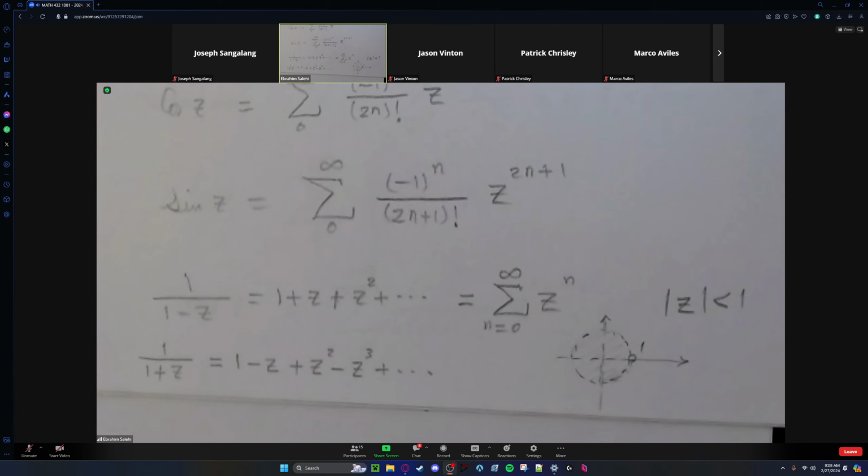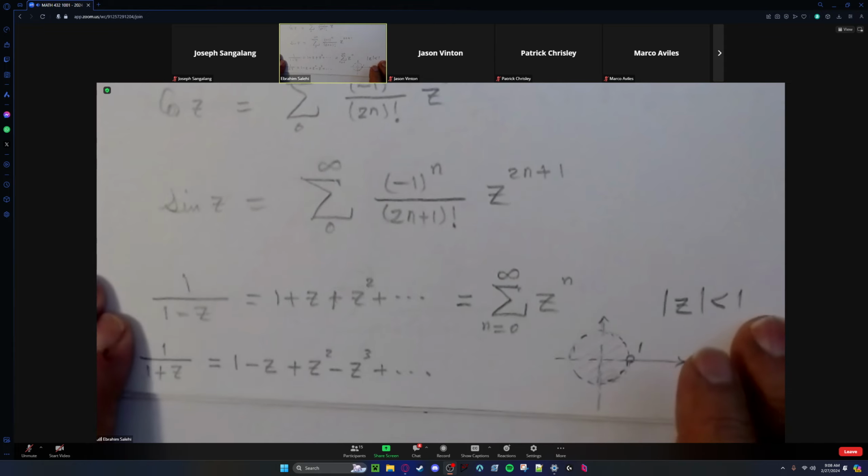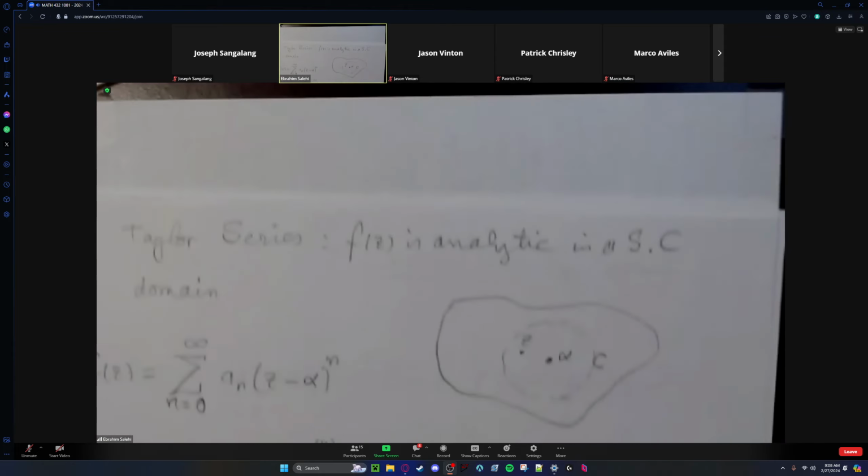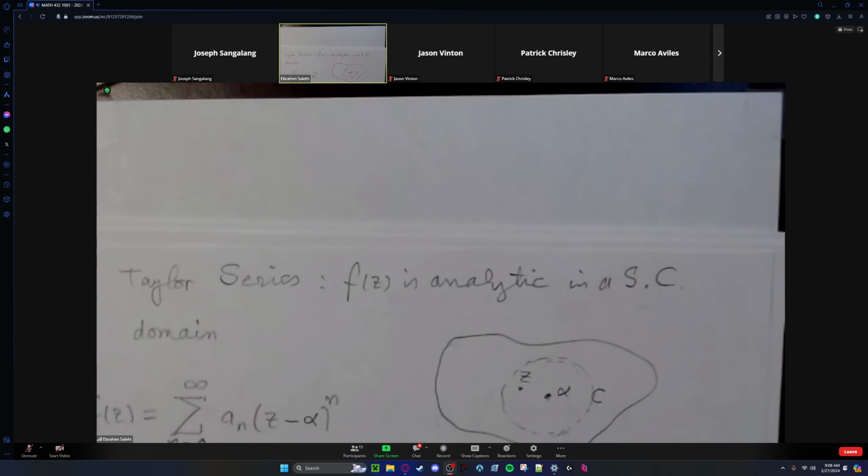Since the power series representation is unique, I can use shortcuts. And today I'm going to give you some examples of these shortcuts.